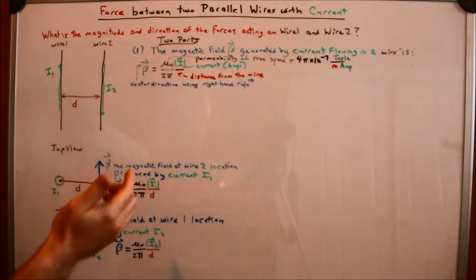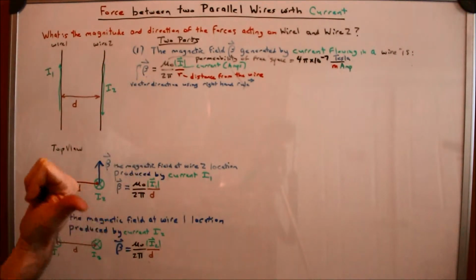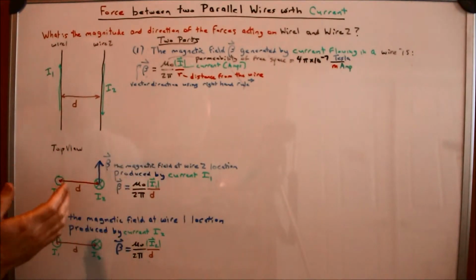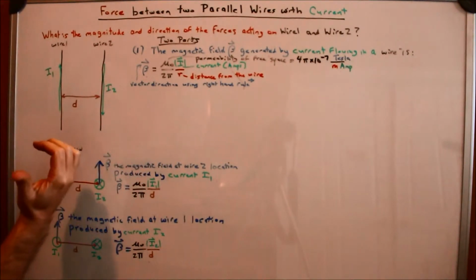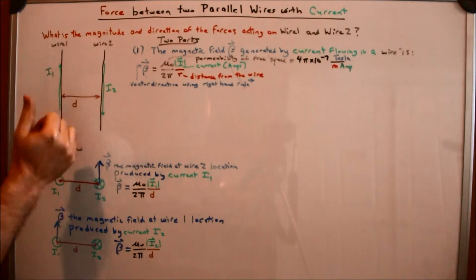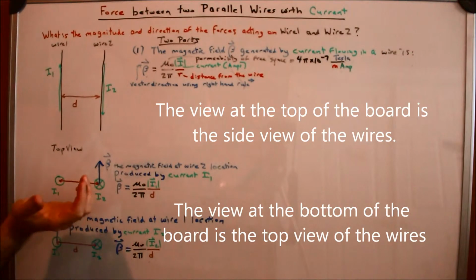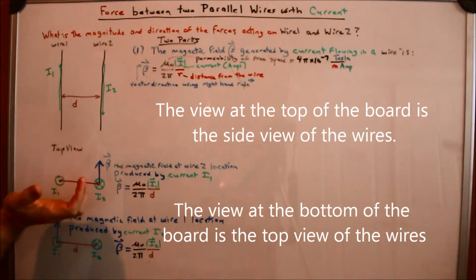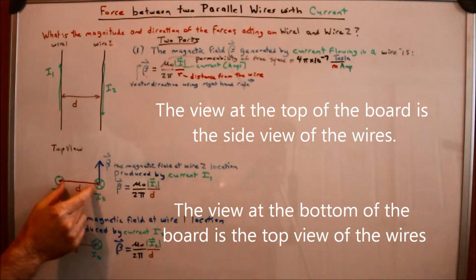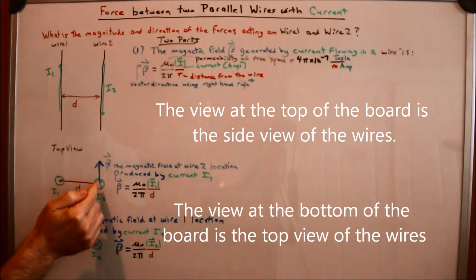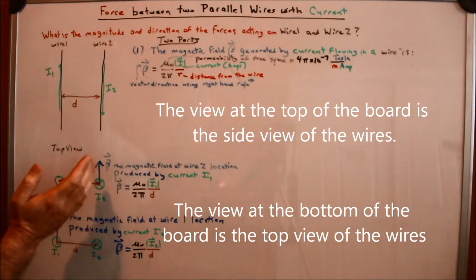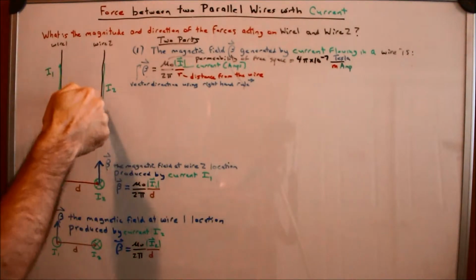First of all, for the vectorial direction, you use the right-hand rule for determining how a magnetic field is generated by a wire: you put your thumb in the direction of the current, which is up in the top view, and then with your right hand, spin around. So in this position you can see that the magnetic field is perpendicular to this distance. In the top view, it's going into the board.